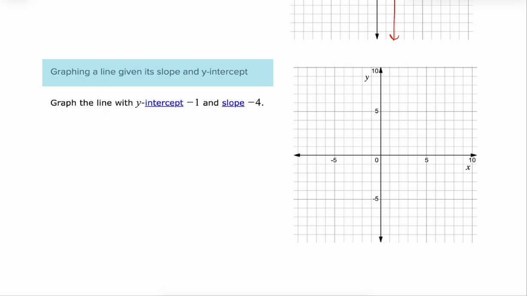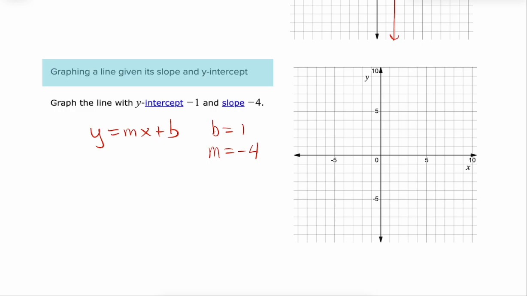On our next example, they have asked us to graph a line given its slope and y-intercept. Now, I know they didn't ask us this, but I'm just going to write down for a moment y equals mx plus b, to remind us that when they give us the y-intercept of -1 and the slope of -4, they have technically given us information to find the equation of the line very, very quickly.